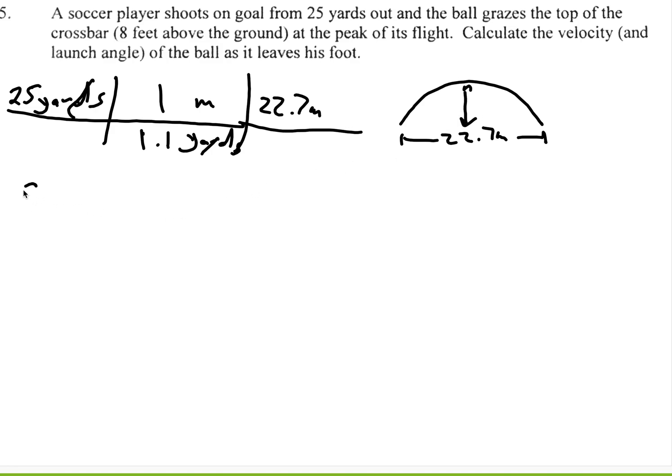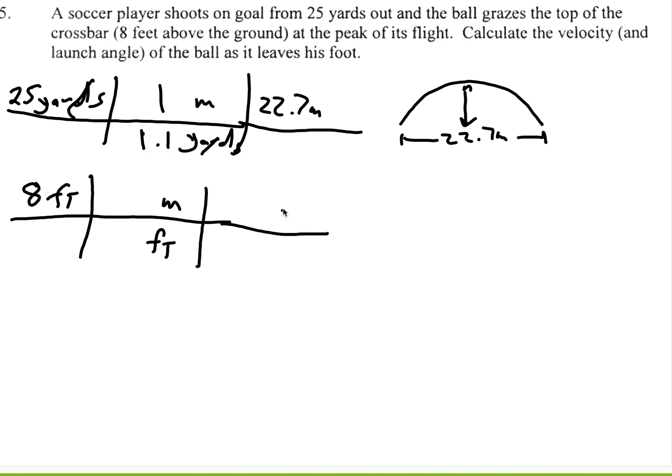So let's do our factor label again. I have 8 feet. And I want to get rid of the feet and replace it with meters so that my answer will be in meters. And I have to look at my conversion sheet. I'm pulling it up again. And there's 2 different conversions on there, okay?